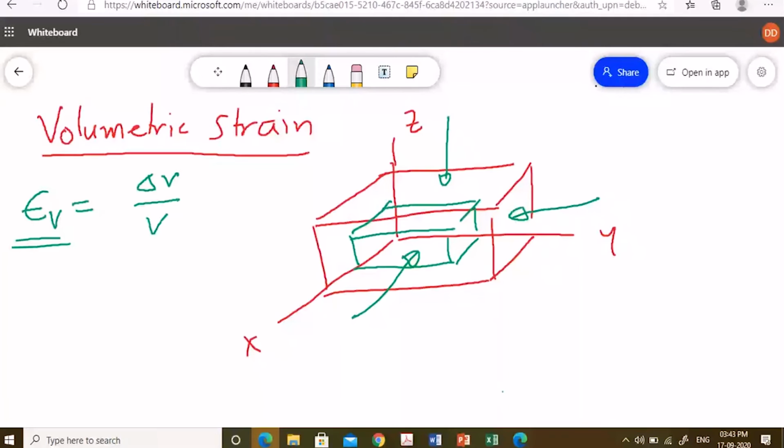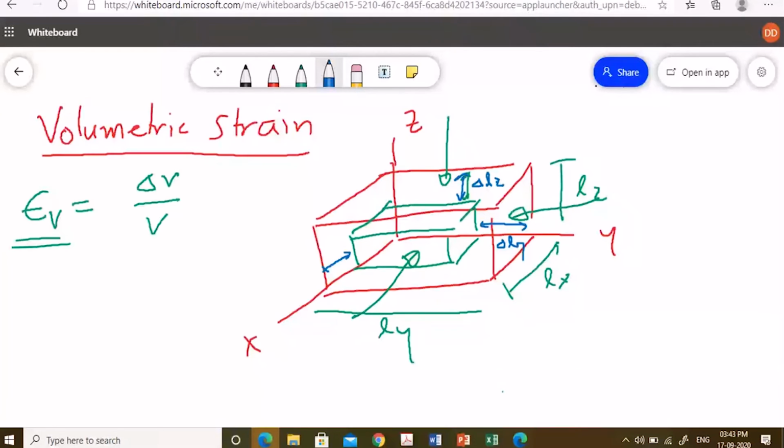Let's assume it has some original length. This is Ly, this is Lx, and this is Lz. Now the change: let's say delta Lz, here it is delta Ly, and there it is delta Lx.